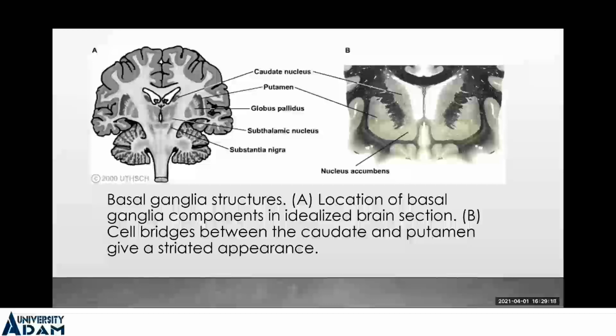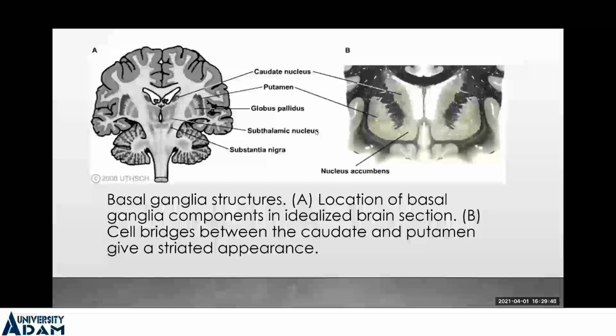The caudate nucleus, putamen, nucleus accumbens, and the globus pallidus are named the corpus striatum, okay? And the subthalamic nucleus and substantia nigra together we can call the pallidum, okay?